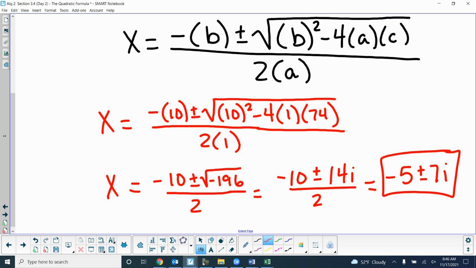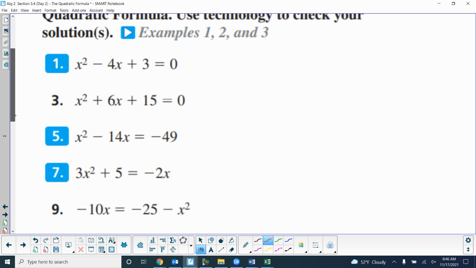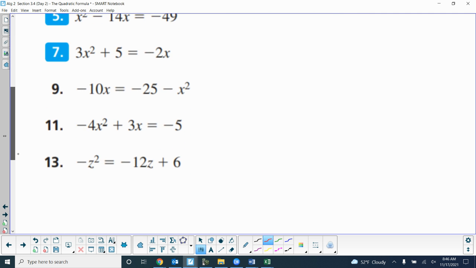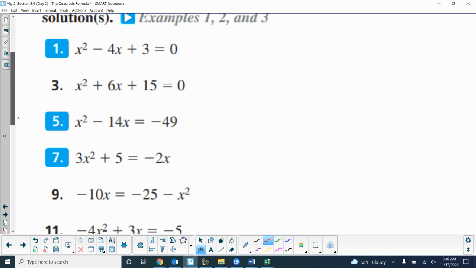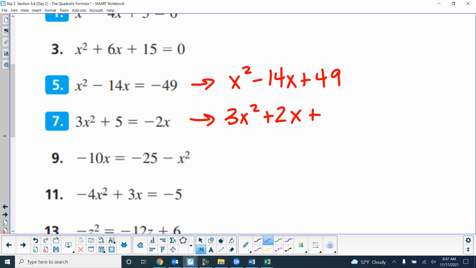All right, so homework answers. Any of those you guys have issues with? You got to set them equal to what before you start? 0, right? So here you'd have x squared minus 14x plus 49. So your C value is positive 49, right? Here you're going to have 3x squared plus 2x plus 5.